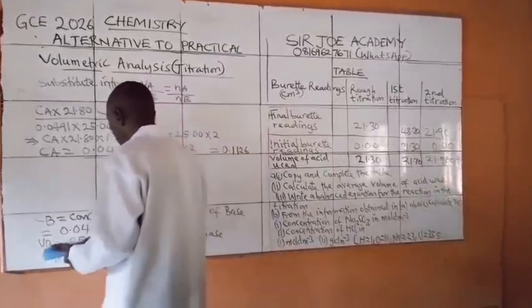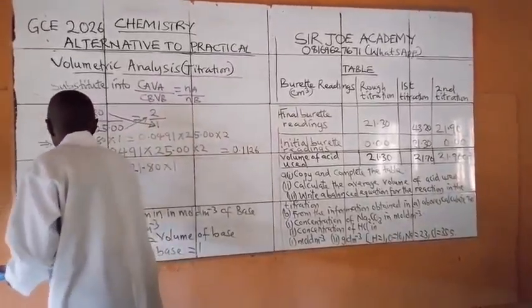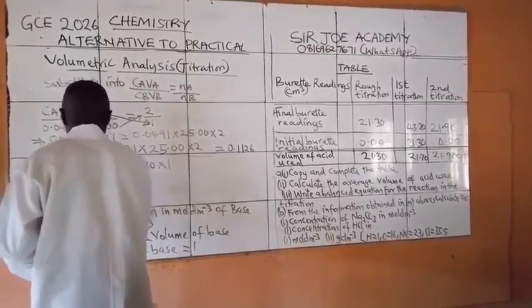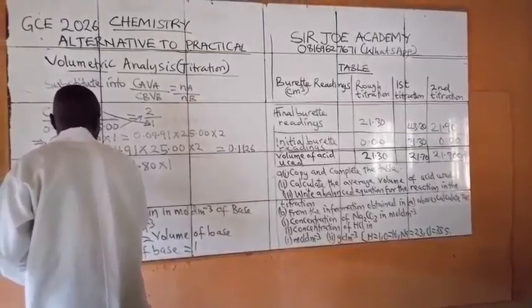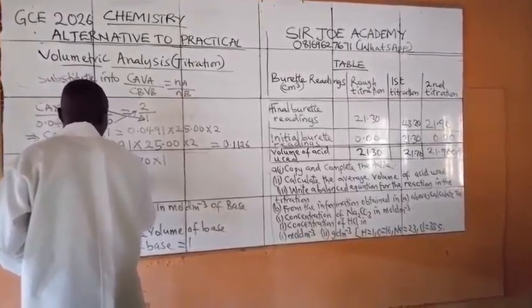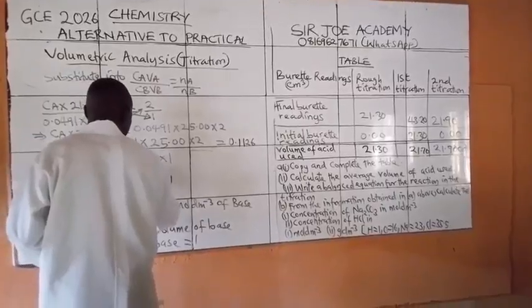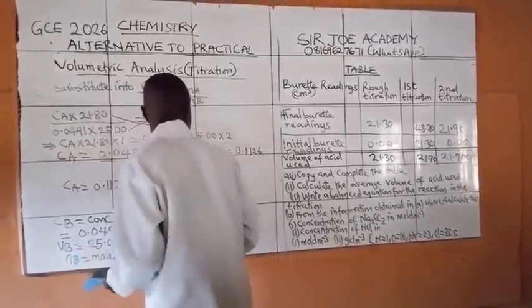So which means that our CA is equal to 0.1126 mole per dm cube.